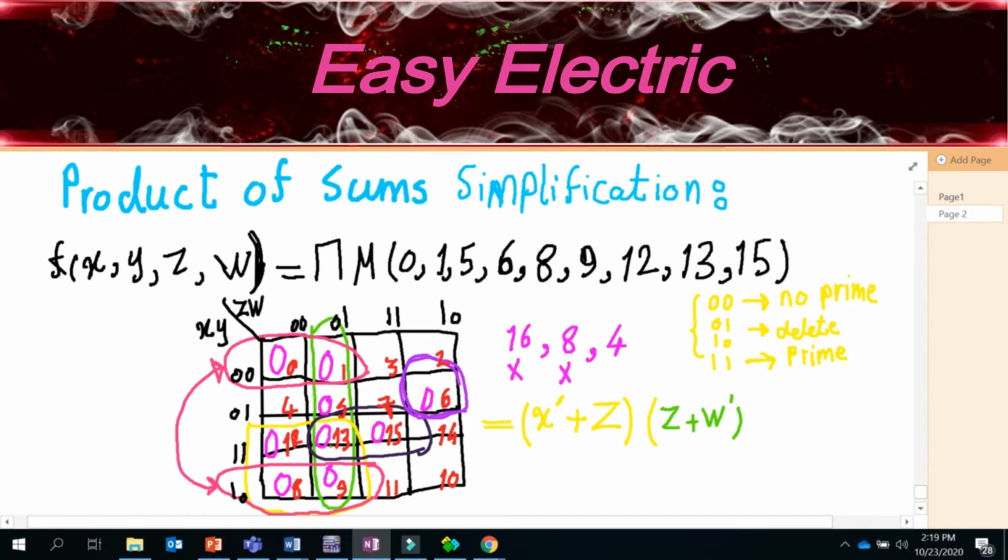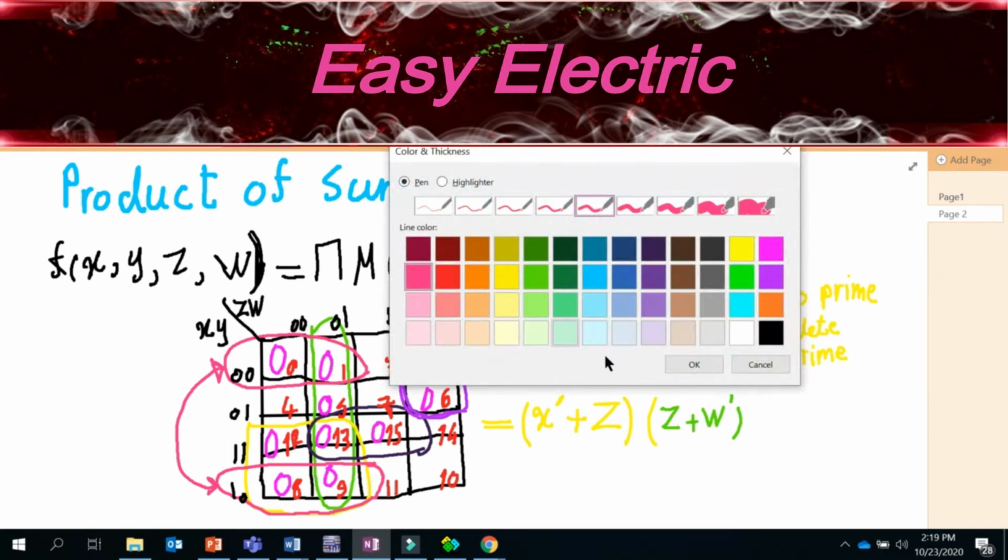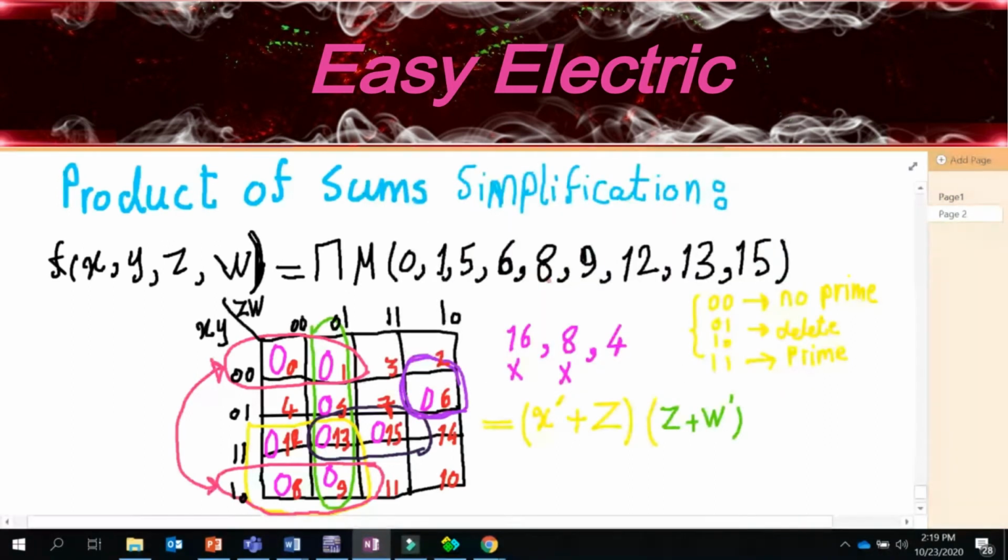So let's write another one, which is the pink that we have. Let's change the color to pink and write the corresponding term for 0, 1, 8, and 9. So let's see what we have. Again, x here is 0, here is 1, so it is gone; y is 0, 0, so you should get y.